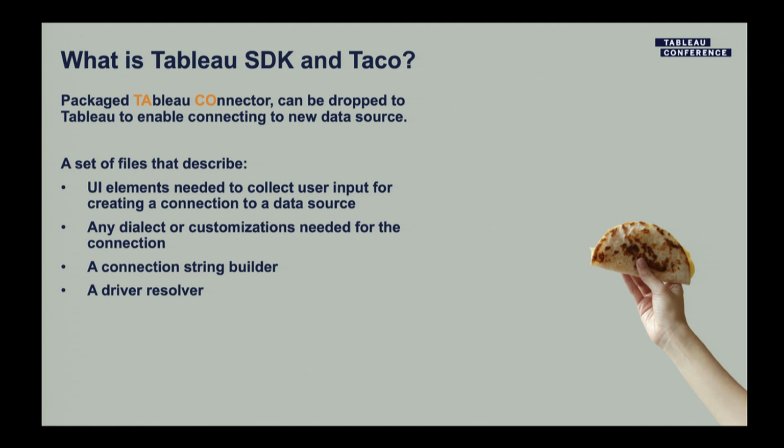Starting 2019.4, you can compress and digitally sign those files and put them into what is called a TACO file, which stands for Tableau Connectors. So let's go and see what these files are that you need to create to provide your end users a beautiful experience in connecting to data.